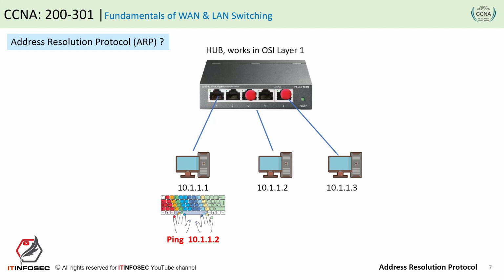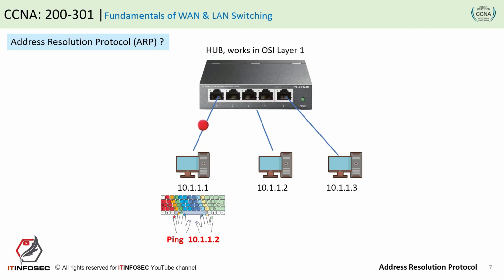Because the hub is just a physical layer device, it cannot understand layer 2, for example MAC addresses, or layer 3, the IP address. It doesn't have any information about layer 2 and layer 3 addresses. It just takes the packet from one port and repeats it from the other connected ports.